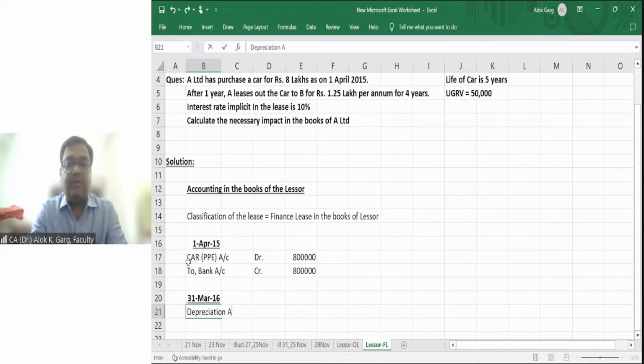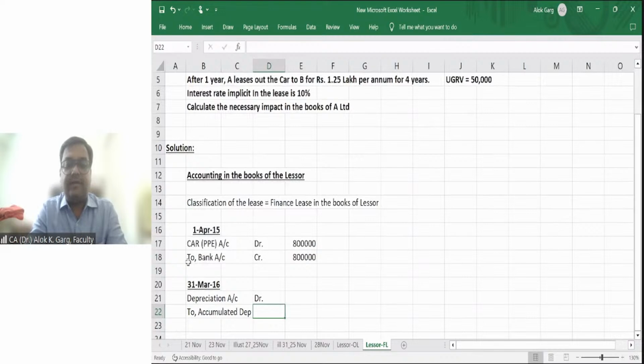Depreciation account debit to accumulated depreciation account credit. By what value? Life of the car is 5 years. 1,60,000 rupees is the depreciation every year, right?